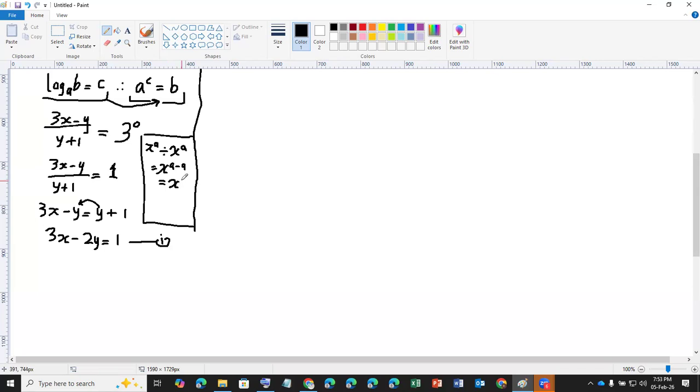Now, let us look at x raised to the power of a divided by x raised to the power of a, just do the normal division. Anything divided by itself, will it not give you one? Yes, sir.